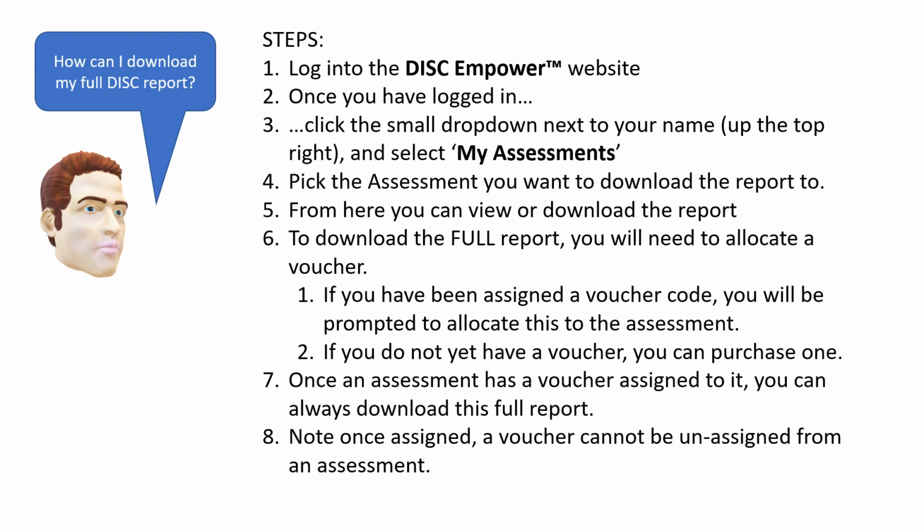If you wish to download a full report, you'll need to allocate a voucher code to it. If you've already been allocated a voucher code, you'll be given that option. If you have not yet got a voucher code, you can purchase one. Once you've allocated the voucher code to an assessment, you can always download that full report. Quick warning here: once you've allocated a voucher to an assessment, you can't unassign it, so it's then locked in.